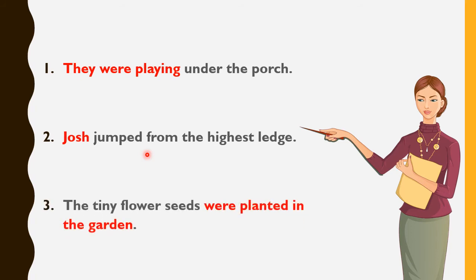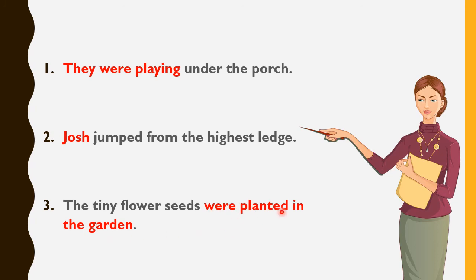Now, number 3, the tiny flower seeds. This is another fragment sentence, and we need to add the missing part, which is the predicate. That's what it's asking from us. Predicate. Now, the tiny flower seeds were planted in the garden. This is the answer.